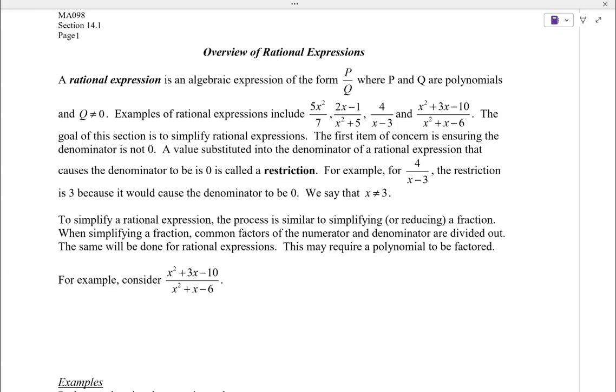Notice that the root word of rational there is ratio. So we're talking about a ratio of something. You've dealt with rational numbers before. Those are the fractions. Fractions are written as one whole number over another whole number. So this is kind of an extension of that.